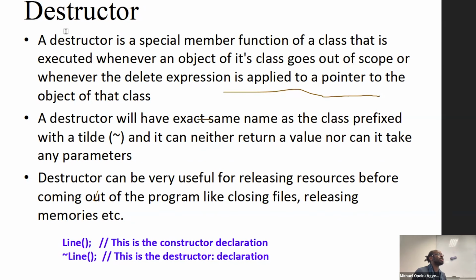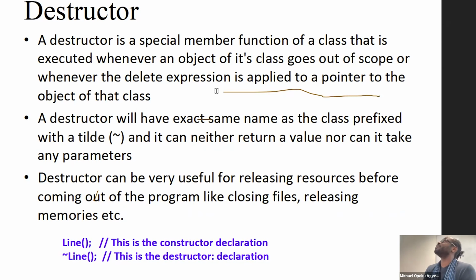You've got a constructor, which creates the object, and then you've got a destructor, which is the function that runs at the point where your object is being destroyed. Now it's not just the object of the class itself, but also a pointer to that class. Pointers point to the memory location.